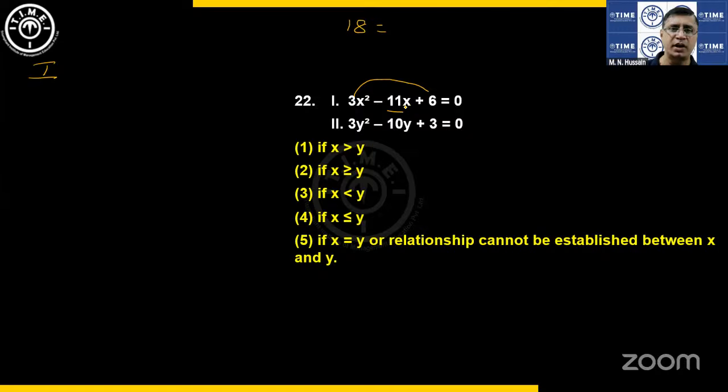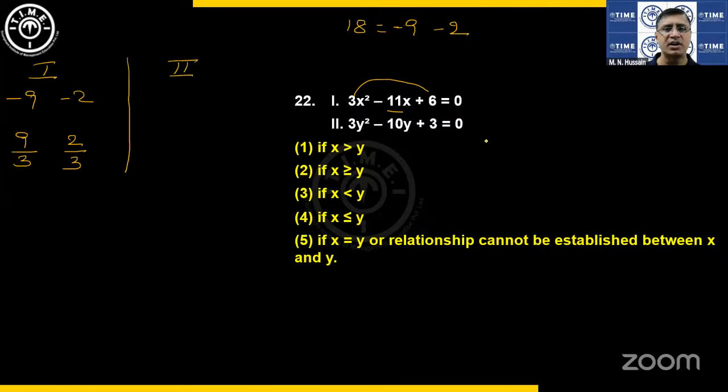What is the possibility? 18 means 2 into 9. 9 into 2 is 18. By adding minus 9 and minus 2, what do we get? Minus 11. That is the middle term. So the factors are minus 9 and minus 2, and the roots are positive 9 by 3 and positive 2 by 3. These are the roots of the first quadratic equation.